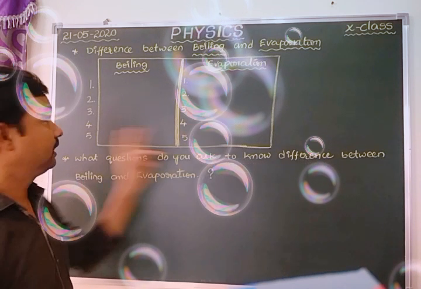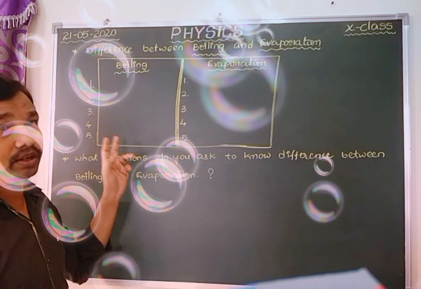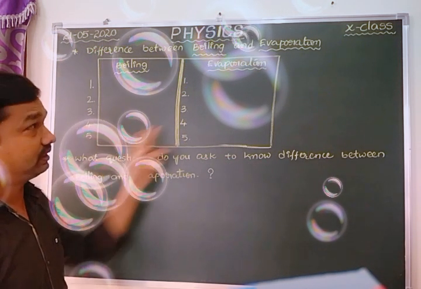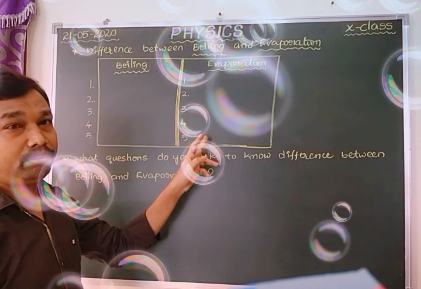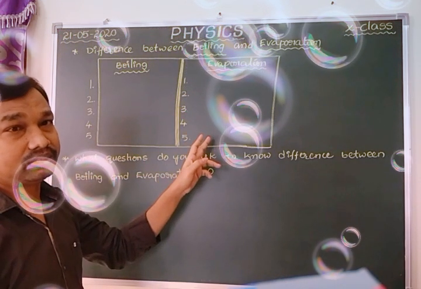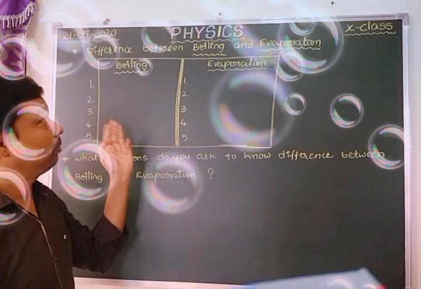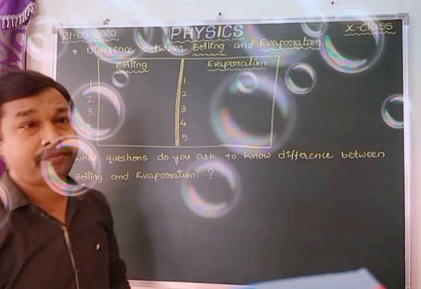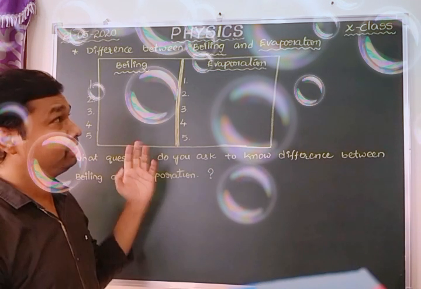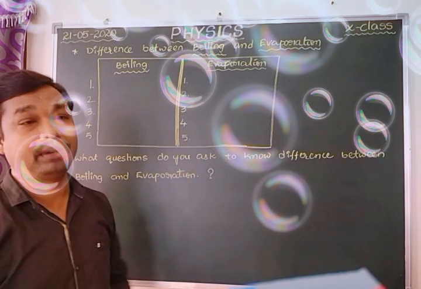And one more point, is evaporation a cooling process or a warming process? Like this we can ask different questions regarding boiling and evaporation. This is about the difference between boiling and evaporation.